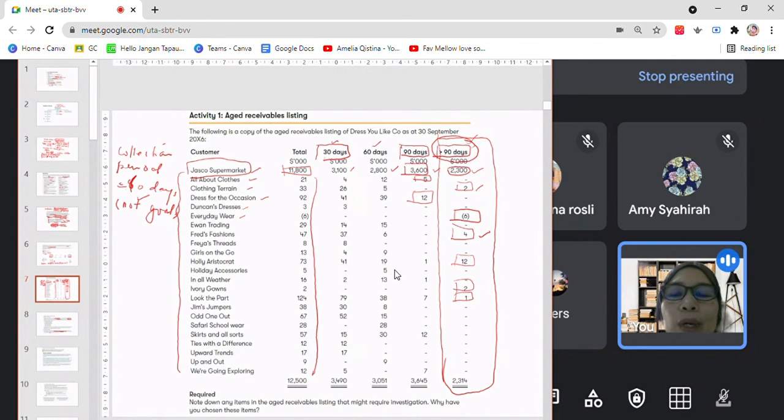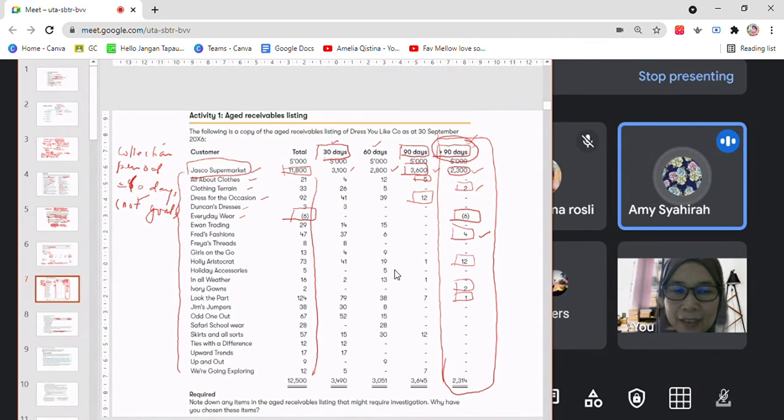So why does Everyday Wear have a negative balance of account receivable? Okay, any idea? You learned it in financial accounting. Yasmin? Any idea, Yasmin, on the negative balance? Yes. Negative balance.